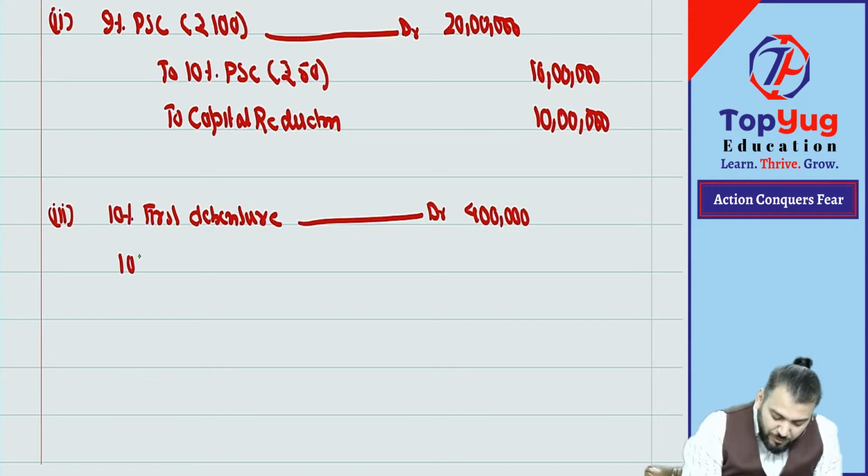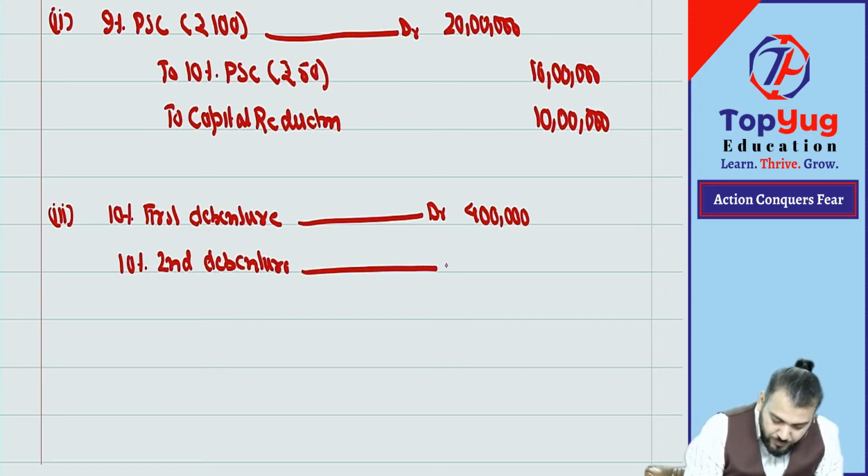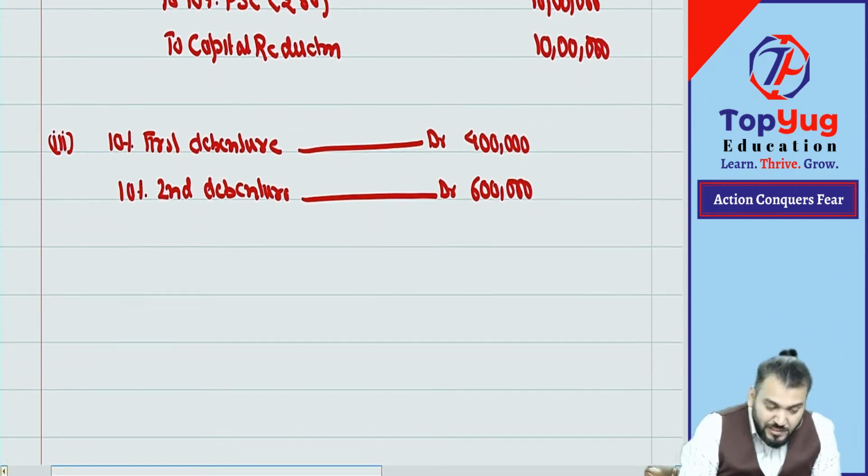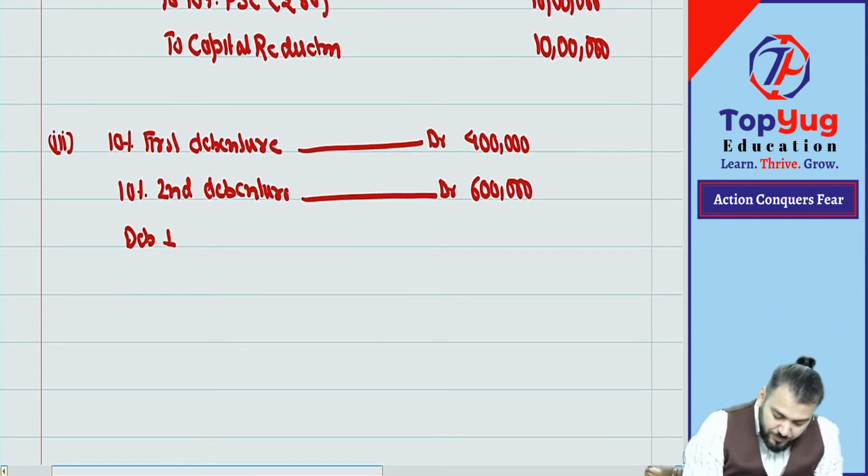Then 10% second debenture, how much? 6 lakh. Then there is one interest outstanding also, the debenture interest outstanding.